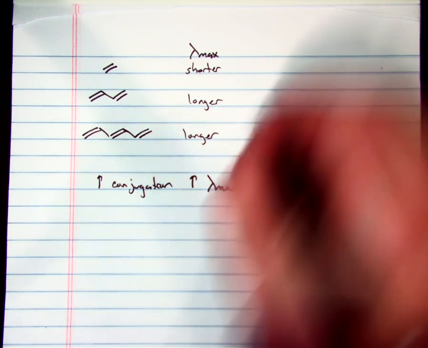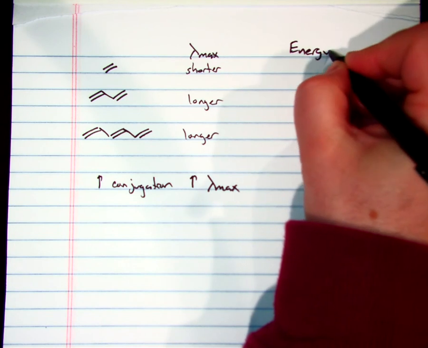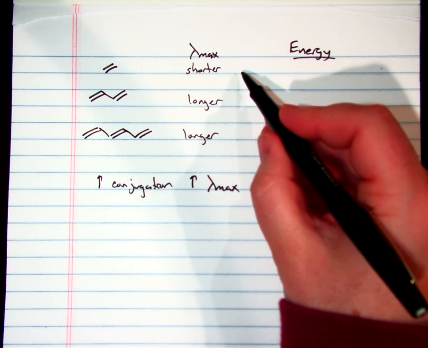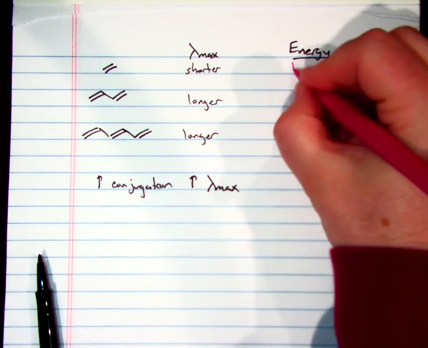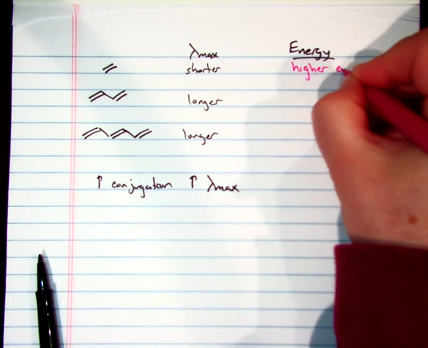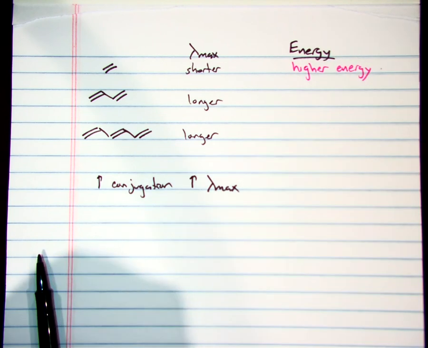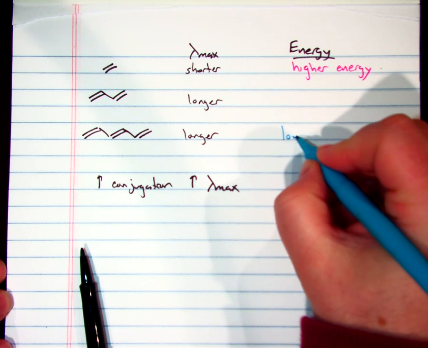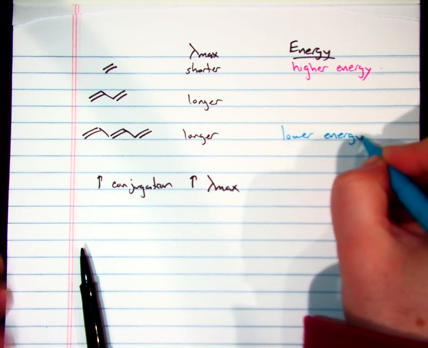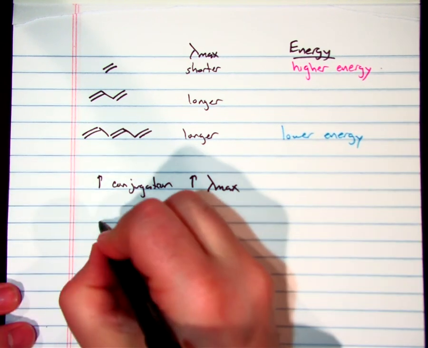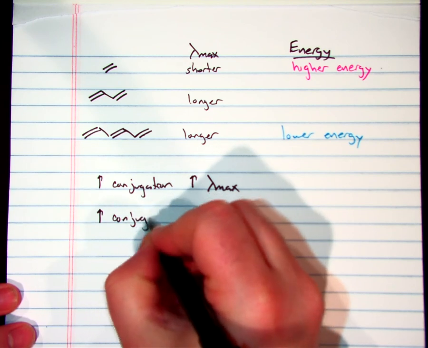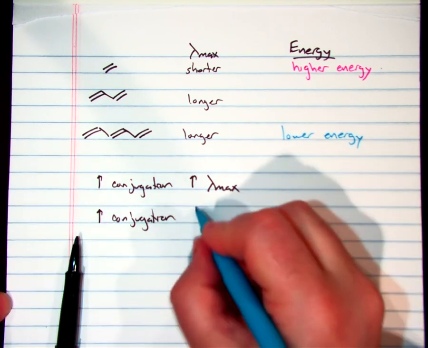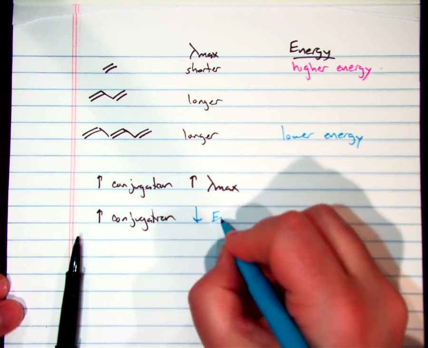So what does that tell us about the energy then? What does it tell us about the energy of that absorption? So a shorter wavelength means that this is going to be higher energy. And the longer and longer the wavelength gets, the lower and lower the energy gets. So if we increase the conjugation, we've increased the lambda max, and we have lowered that energy.